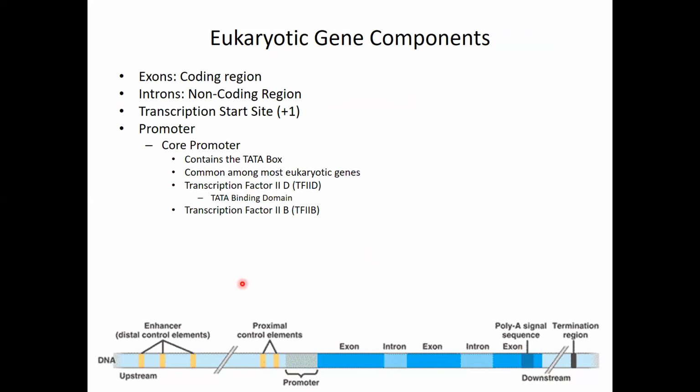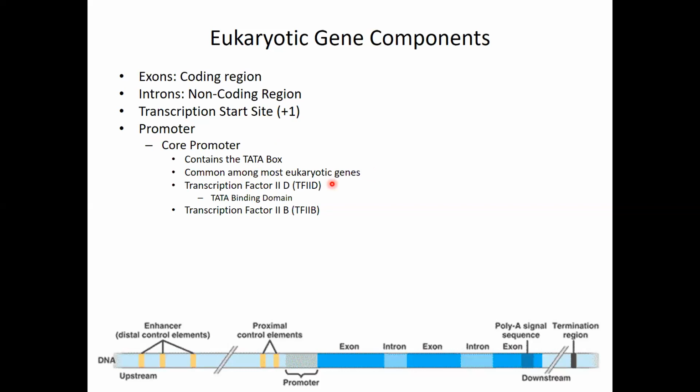This involves the TATA box. This thing will come hunt you forever. I swear, the TATA box keeps following me. Anyways, this core promoter is very common among most eukaryotic genes.